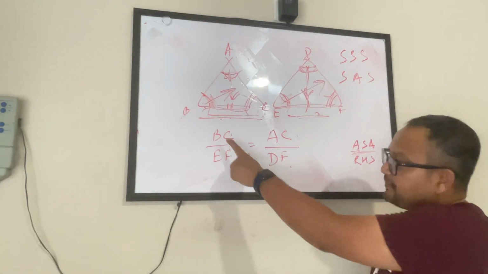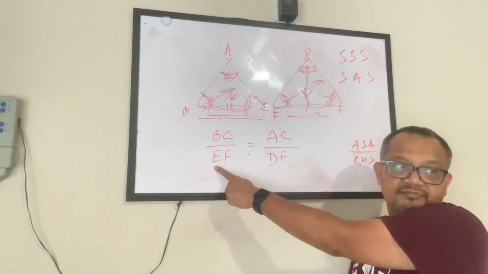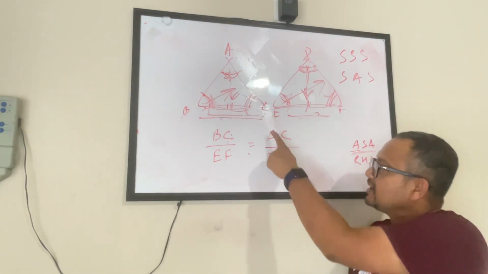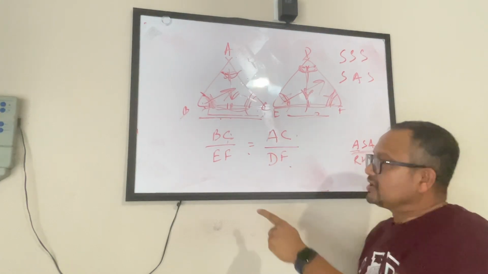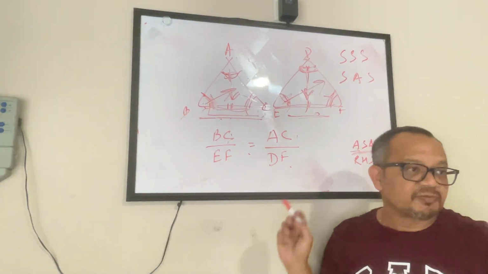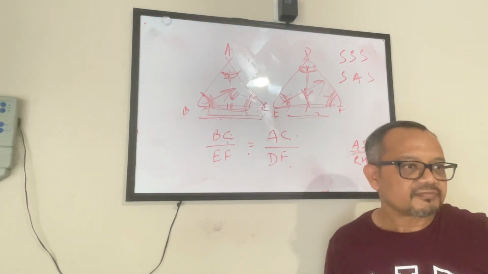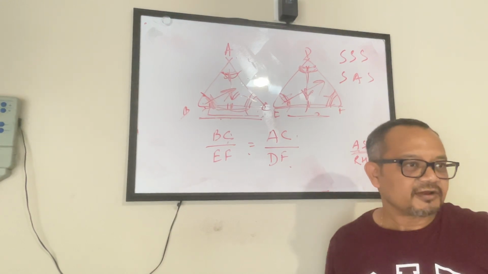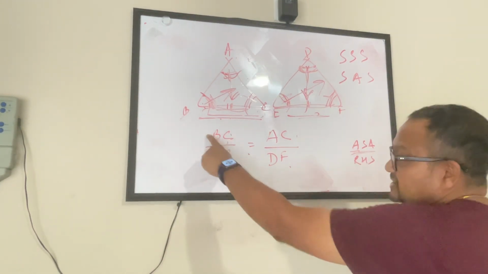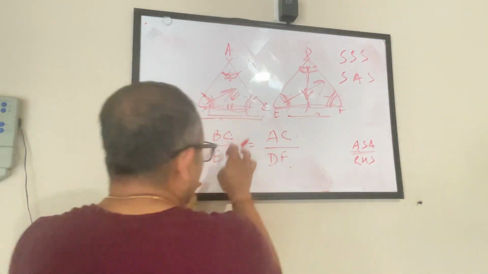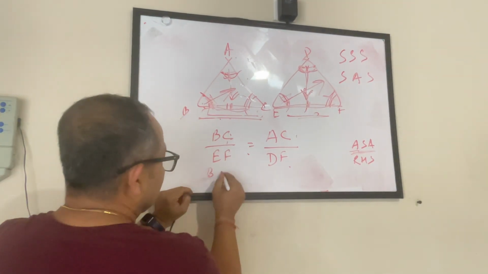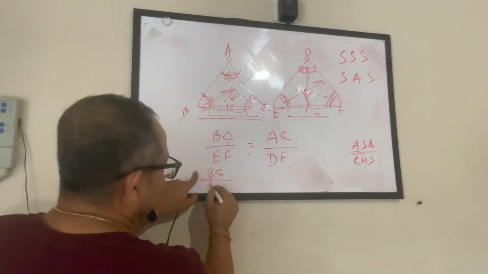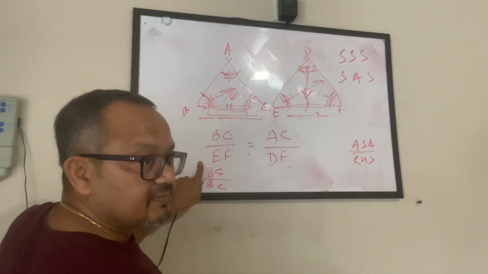Now, if BC and EF are same, then AC and DF will also be same, no? Because if this is same, I can say BC is equal to EF. Let's say BC and EF, I'm writing as BC only because they are same.